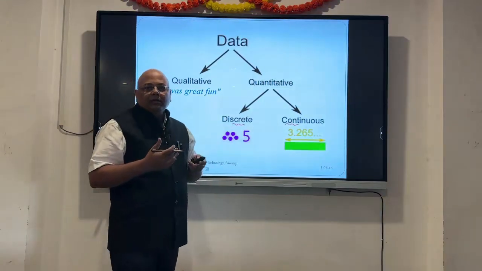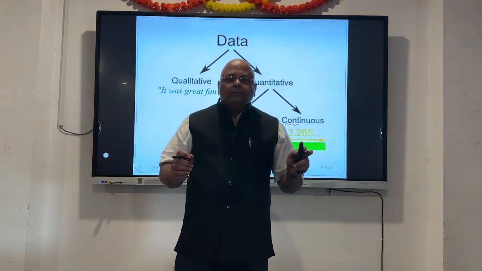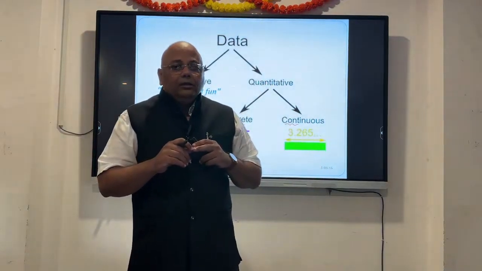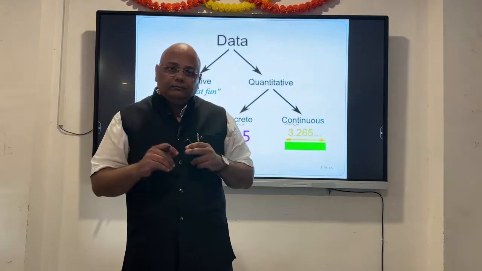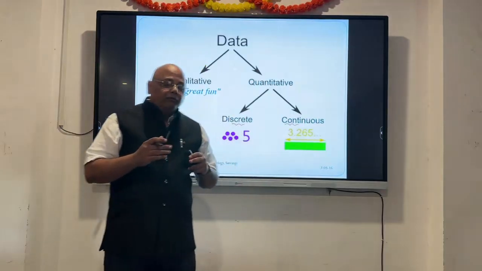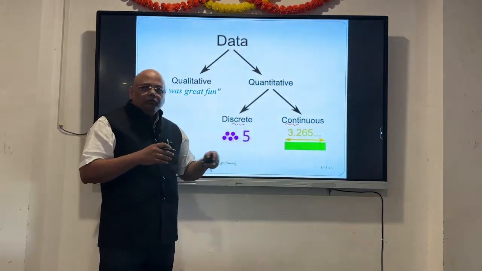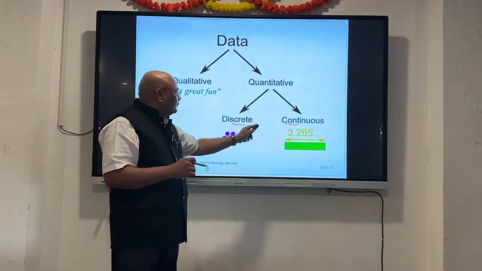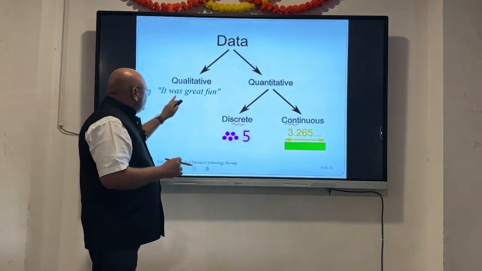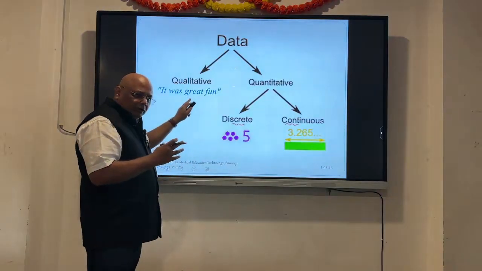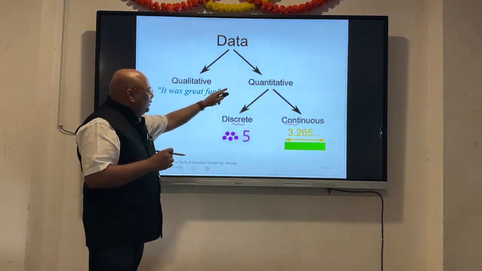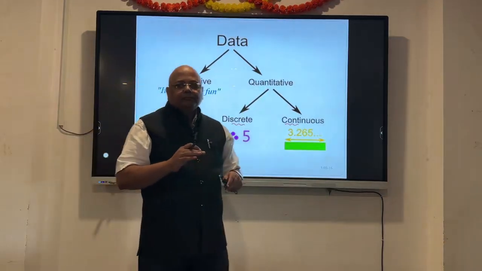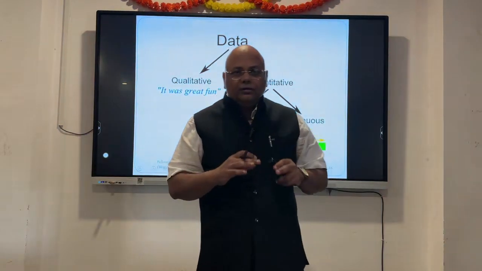But continuous, if I say length of a particular substance, or average marks obtained, then those can be there in the form of points, that is 3.2, 4.2, maybe 16.5. So that is what is called continuous. So we have qualitative, which we will not be able to quantify, and quantitative, discrete and continuous. All the types of data can be there in our research.